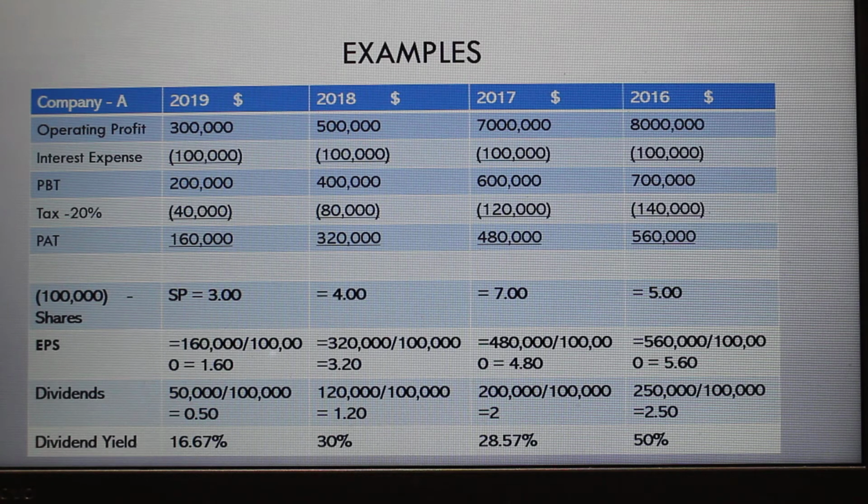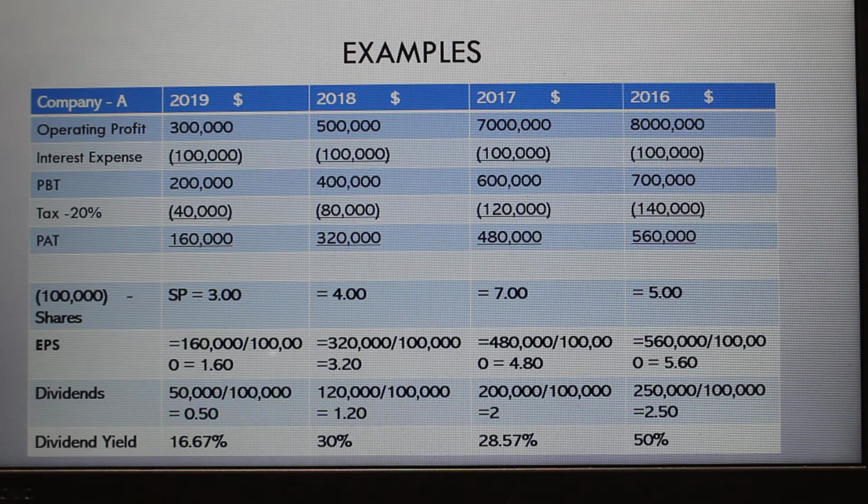And so that would give us a yield of 16.67. How do we get a yield? It's 50 cents divided by $3, which is the share price. So 50 cents divided by $3 multiplied by 100 gives us 16.67.